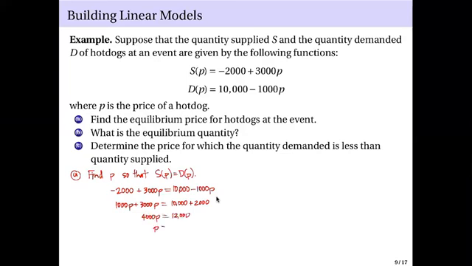And therefore, P equals 12,000 divided by 4,000, and that's equal to 3. So the equilibrium price must be, let's say this is in dollars, $3.